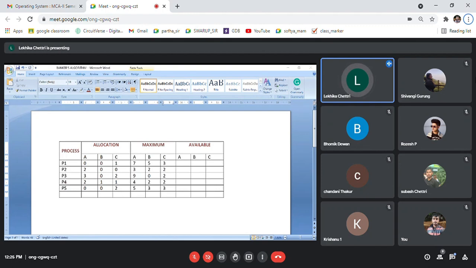After that, she wants to buy a car. She applies for a car loan, so she has a car loan. After some time, she wants to build a house, so she goes and takes a house loan from the bank. So she has now acquired four resources of the bank.